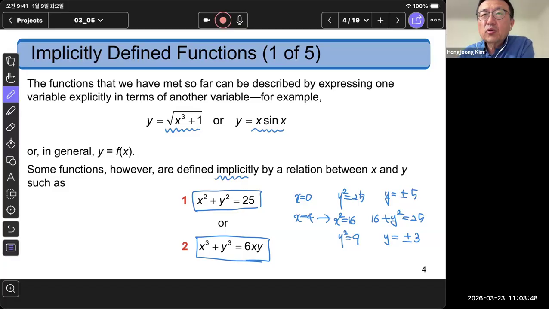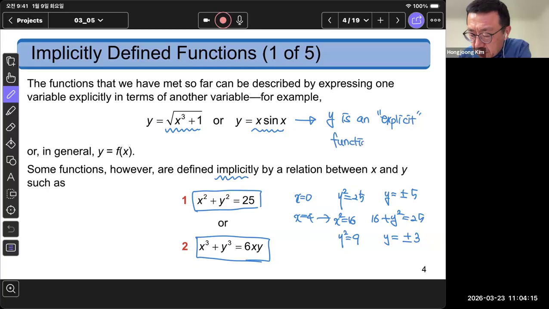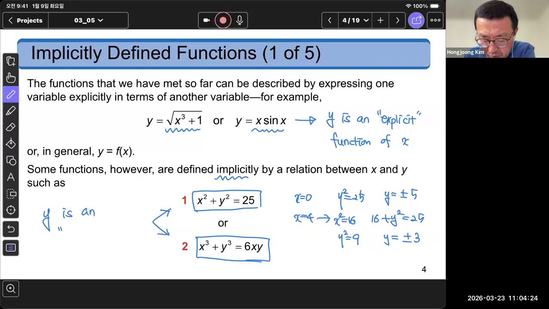But in this equation, if you want, you can derive an explicit relation. So in these two cases, we say y is an explicit function of x, and in these two cases we say y is an implicit function of x.